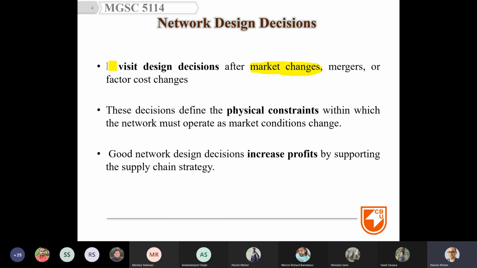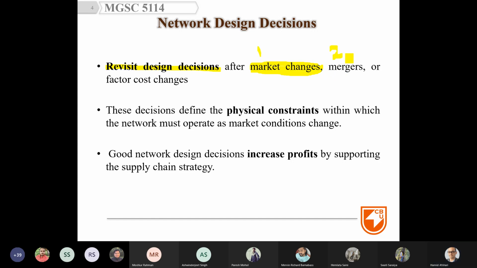I should revisit my design decisions. So in which cases do you revisit your design decisions, or in other words, decide to open a new store, a new production line, or a new warehouse? When the market changes, this is number one.